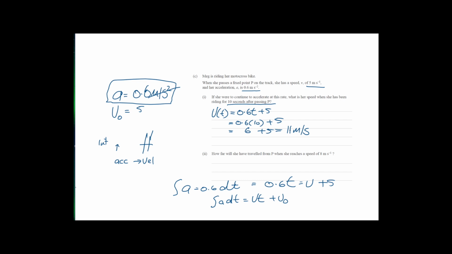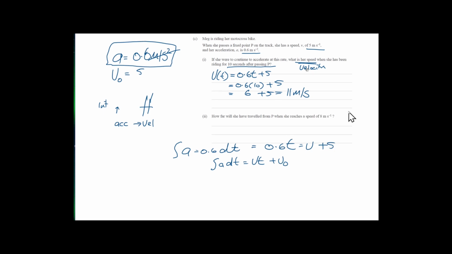That's going to be her velocity after 10 seconds. It says, what is her speed? So we're not going to confuse speed and velocity. We're going to take speed as being her velocity. It doesn't say that she's swerving all over the road, so we're going to say that her speed is her velocity.